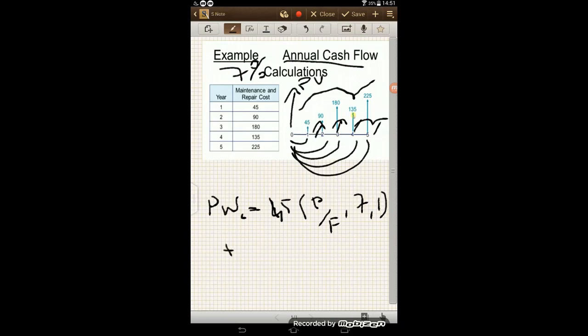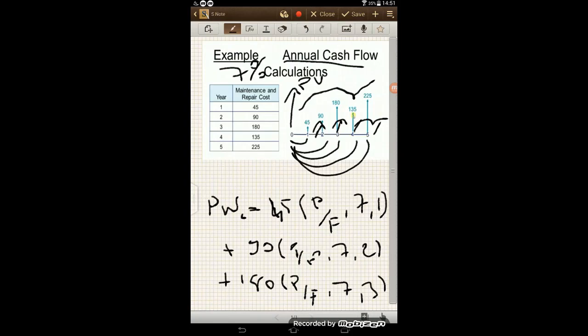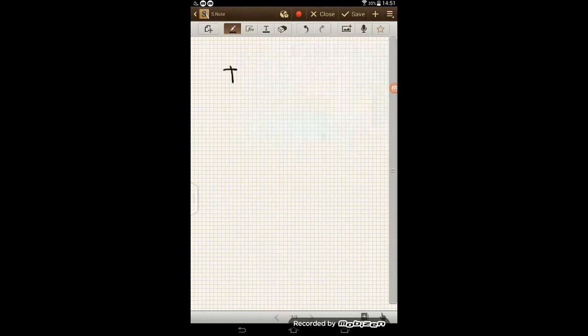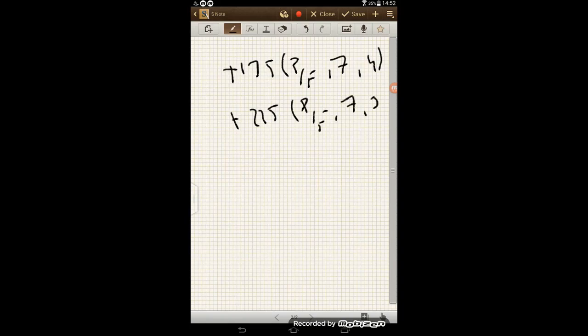The second year is plus 90 P over F, 7%, 2 years. Then the third year, plus 180 P over F, 7%, 3 years. Then plus 135 P over F, 7%, fourth year, plus 225 P over F, 7%, 5 years.